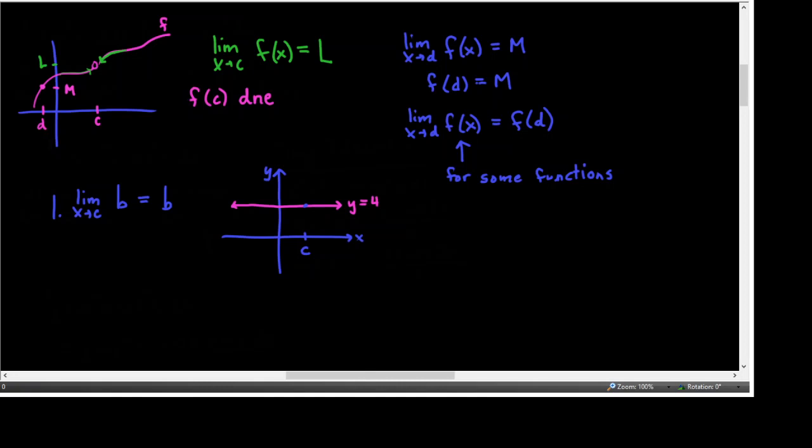Okay, number 2. The limit as x approaches c of the function x is c. And that's a direct substitution. So add this to the list of things for which you can substitute and get the right answer. So y equals x is the function.